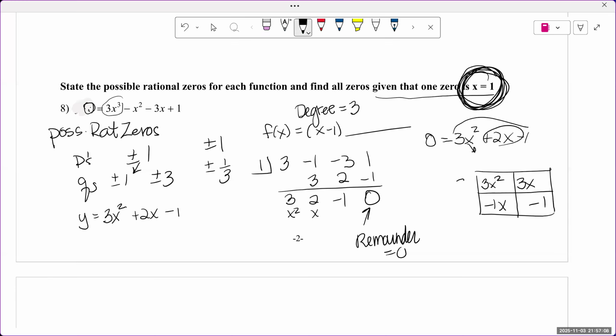So GCF of the top row. 3x times x, 3x squared. 3x times 1 is 3x. X times -1, and -1 times 1 is -1. That works.